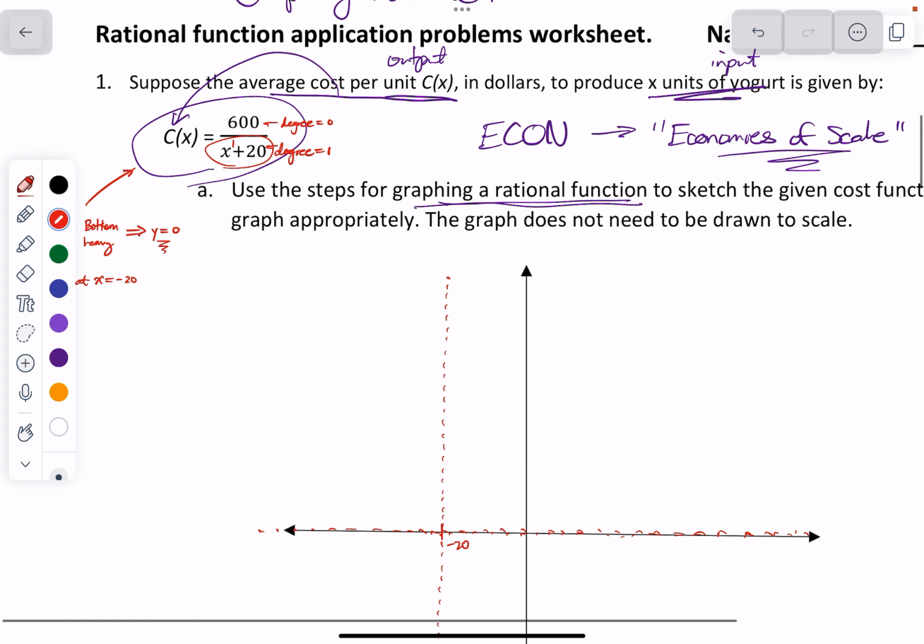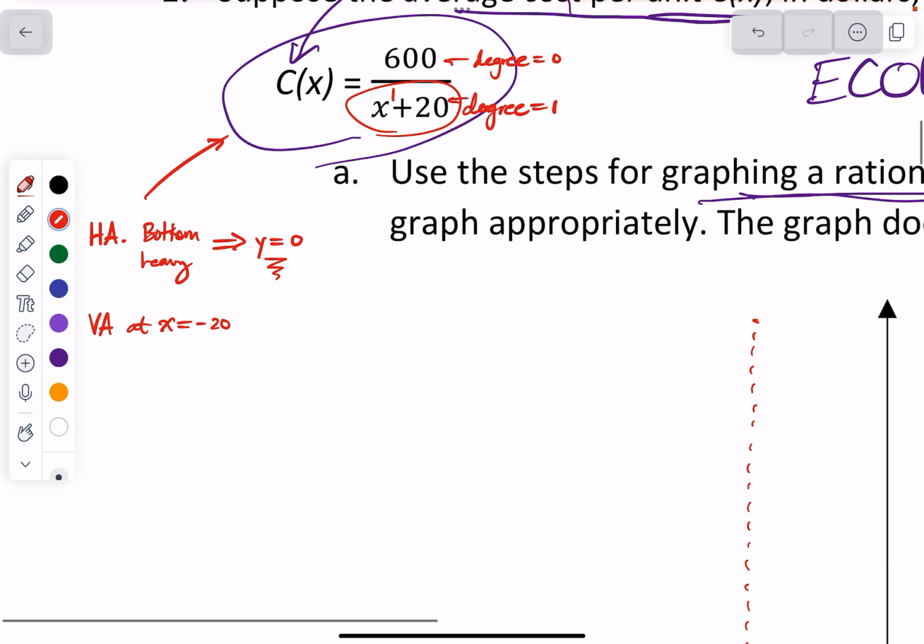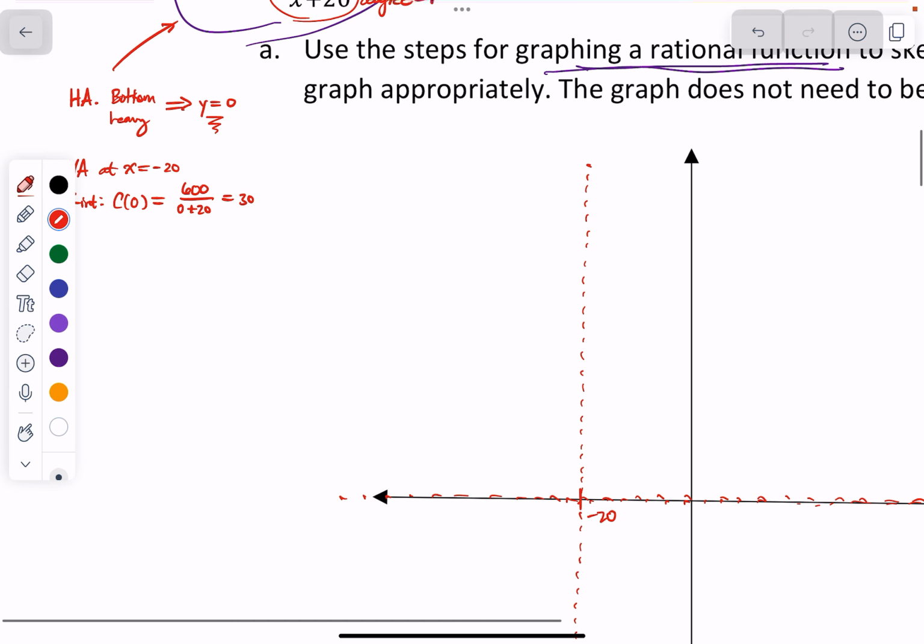All right. What else can we figure out? We can also figure out the y-intercept. You calculate what c of 0 is. Plug in 0, you get 600 over 0 plus 20, which is equal to 30. So 30, let's just put that here.